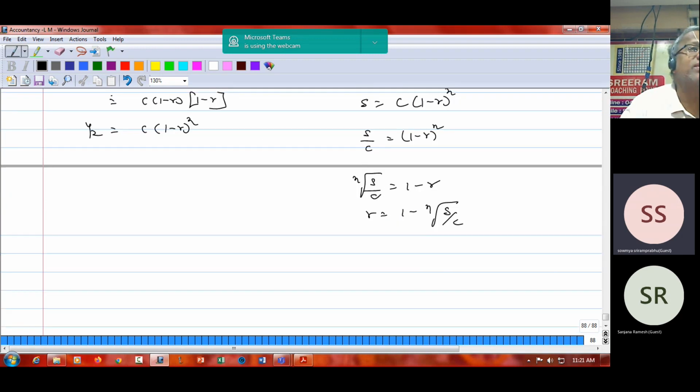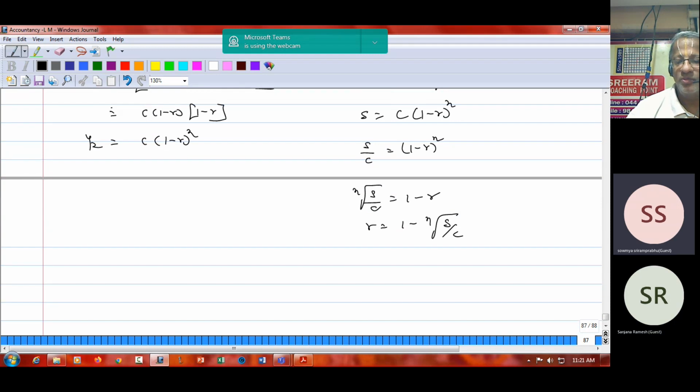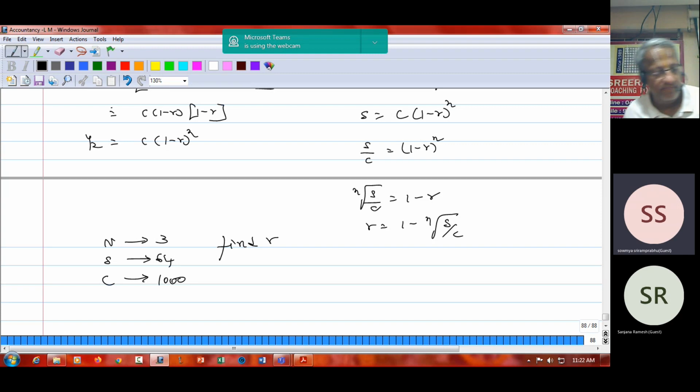So that's it as far as this formula is concerned. Are you clear? Yes, sir. No. Small example. N is 3, S is 64, C is 1000. Find R. R is 0.6, that is 3 by 5.